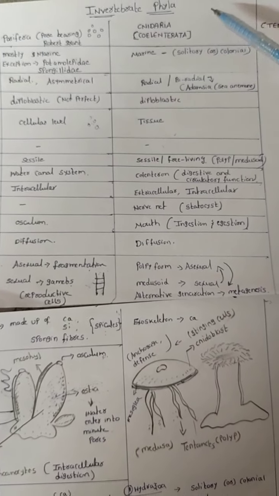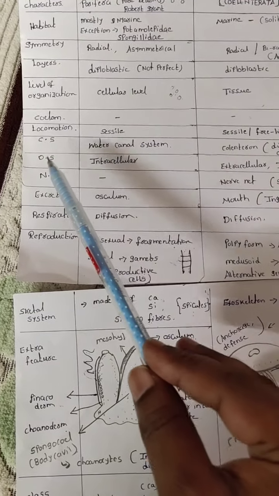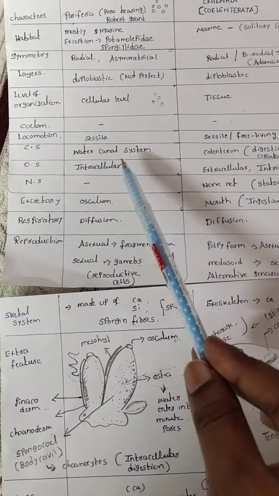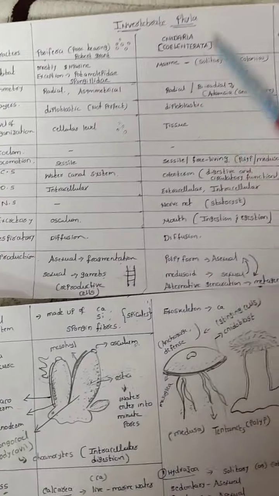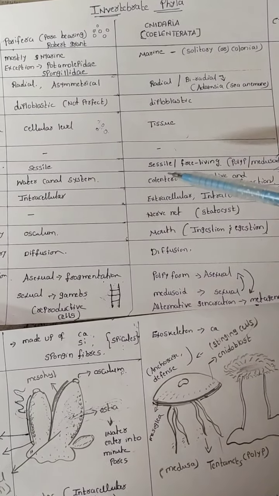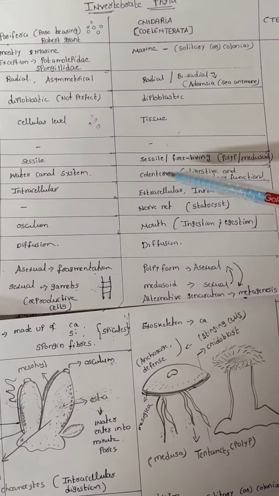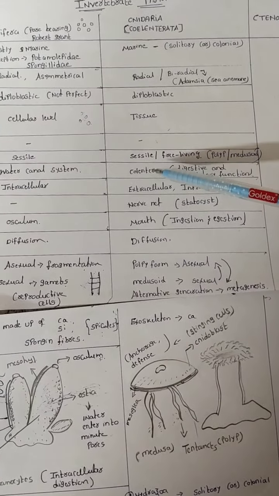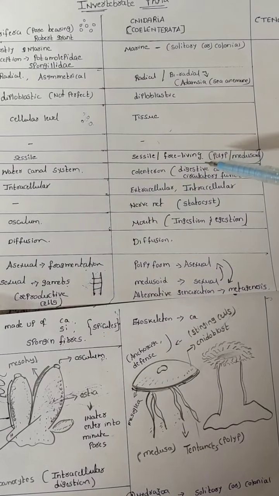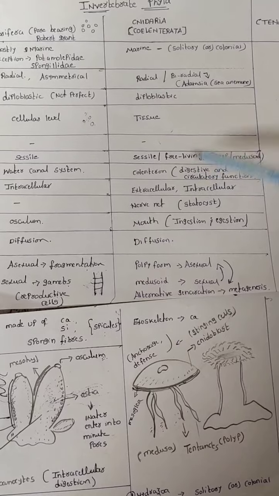That's why it is also called coelenterata. Here the circulatory system for Porifera is the water canal system, but here circulation takes place totally in the body cavity. That's why the circulatory system here is the coelenteron. The coelenteron is useful for the circulatory function and also for the digestive function.